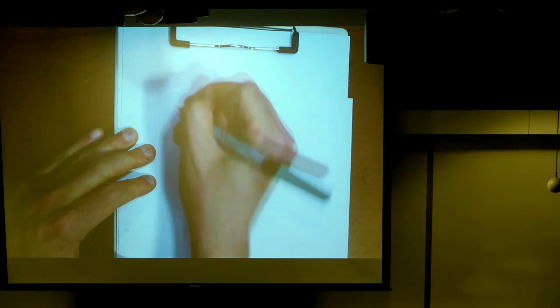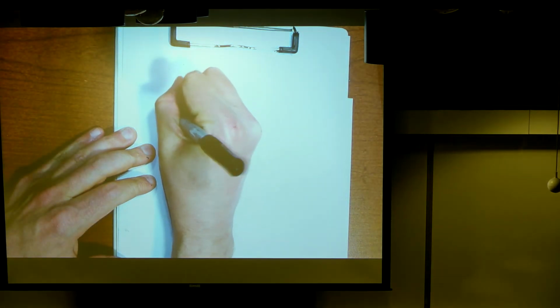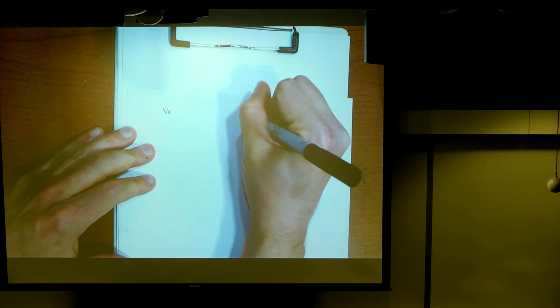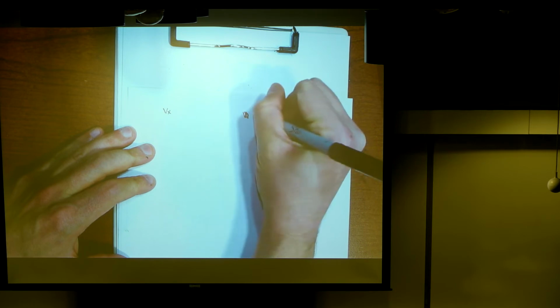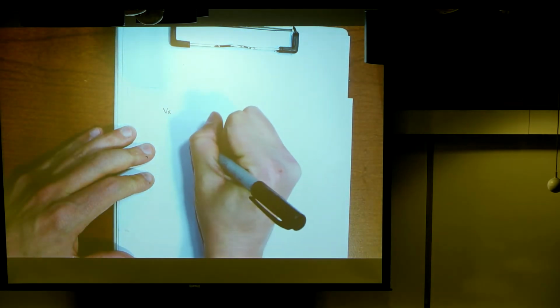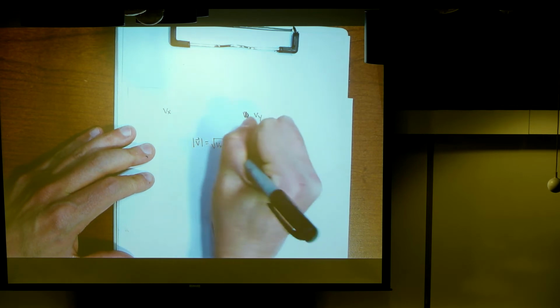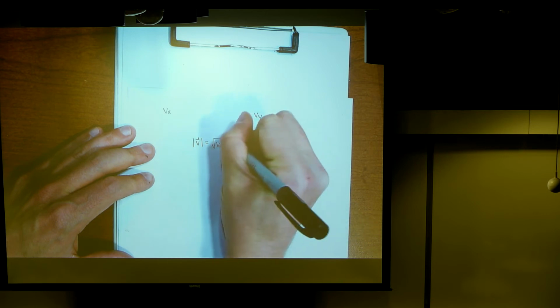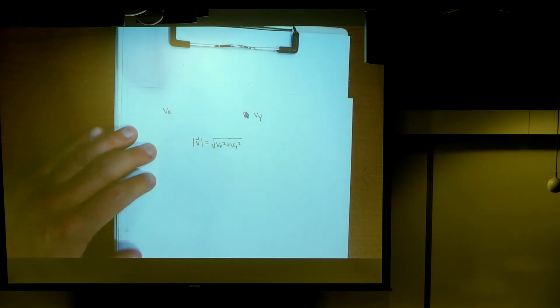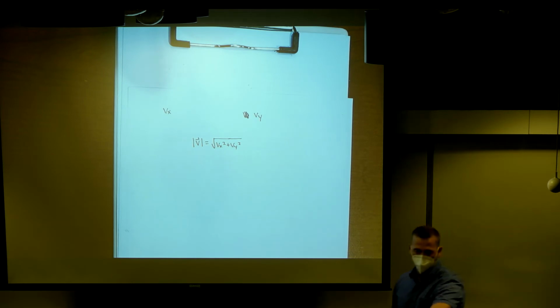For each one of these objects, we're going to have an x velocity and a y velocity. And the speed is just the square root of vx squared plus vy squared. So if I'm asking a question about the speed, I need to know both the x and y velocity of the object when it hits the ground.